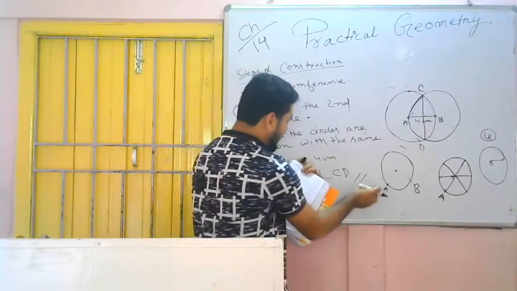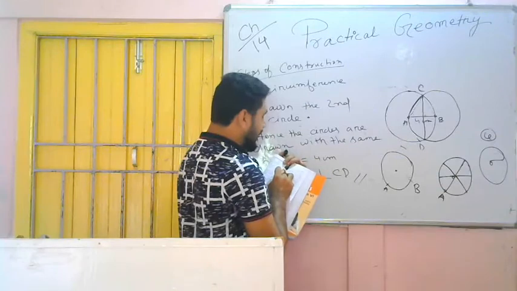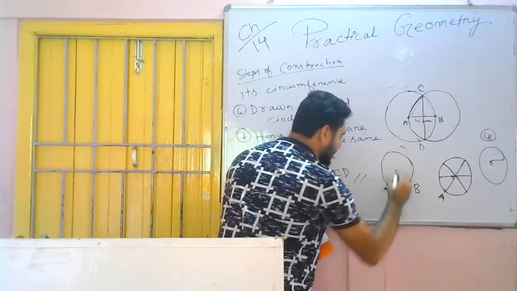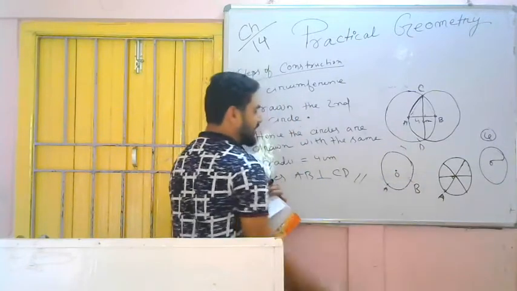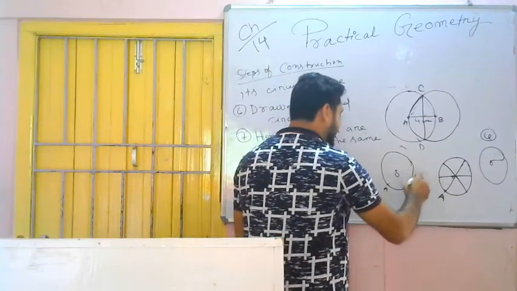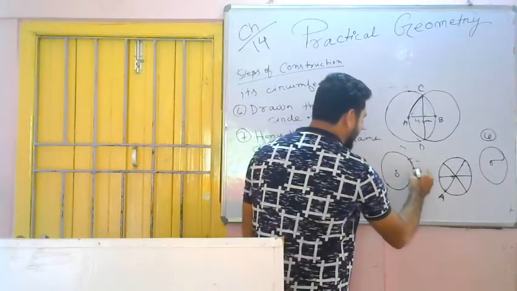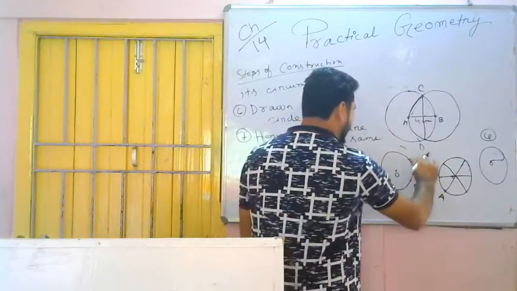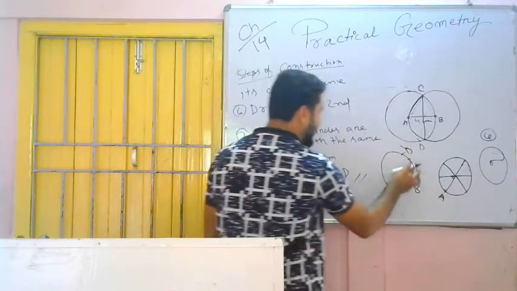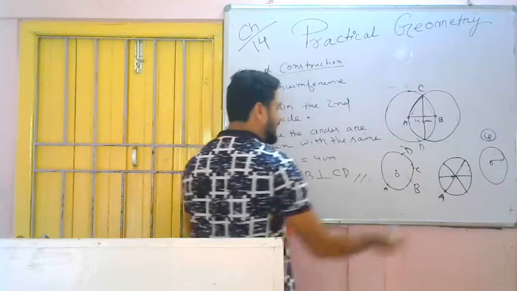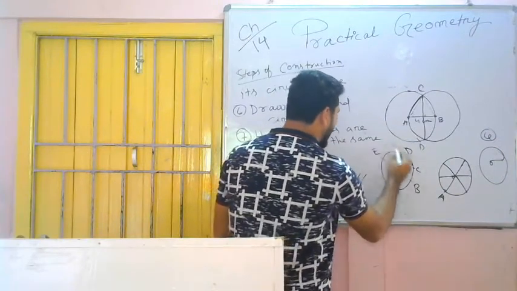After that, with A as center and radius OA, keeping the radius the same, I mark another point and name it B. Like this, taking center B, you take another point, C. Then taking center C, you take another point, D. Then again taking center D, you mark another point and call it E.